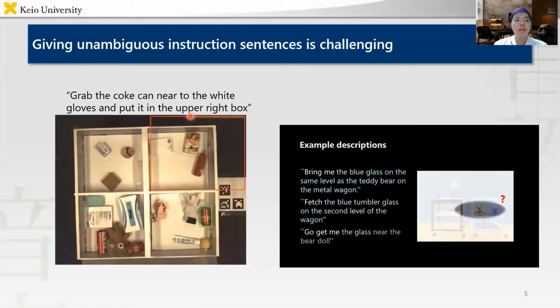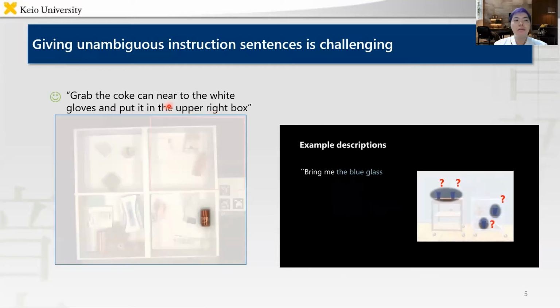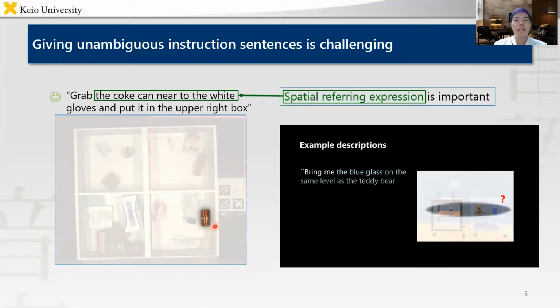On the other hand, if the generated sentence was like this, we can easily identify the target object as the coke can in the bottom right corner. Like this, referring expressions are important for identifying objects when generating accurate and clear instructions. With this in mind, the next slide shows the proposed method.